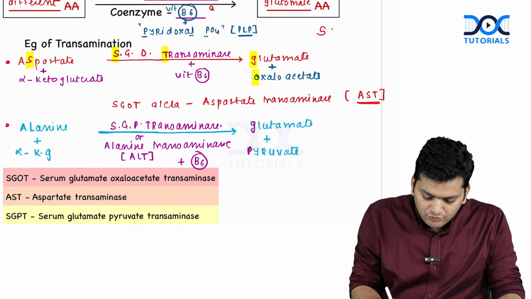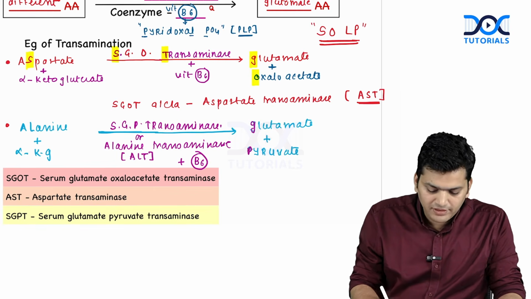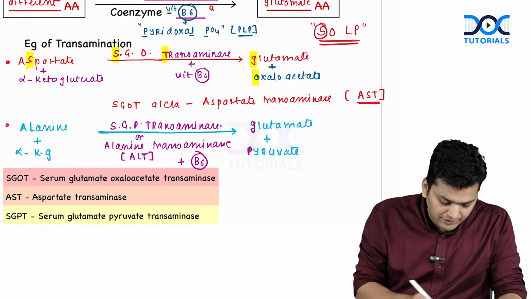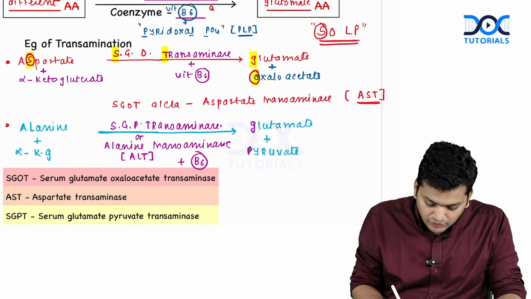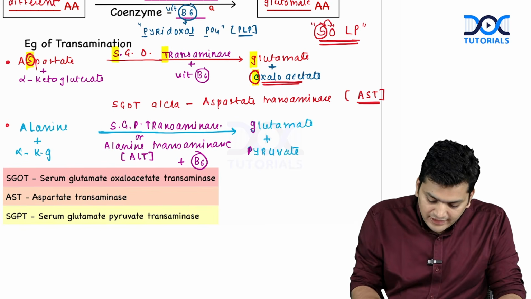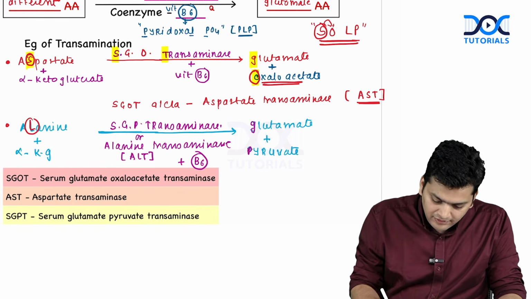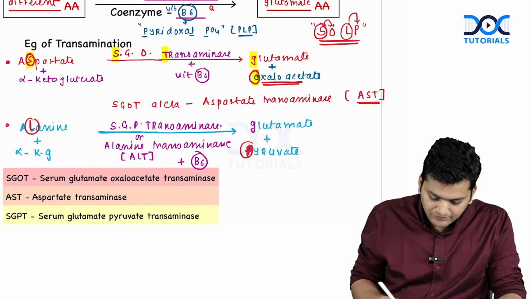We have a weird mnemonic: SOLP. S stands for aspartate. When aspartate converts into glutamate, the byproduct is oxaloacetate. L stands for alanine. When you do the transamination, the byproduct you get is pyruvate.